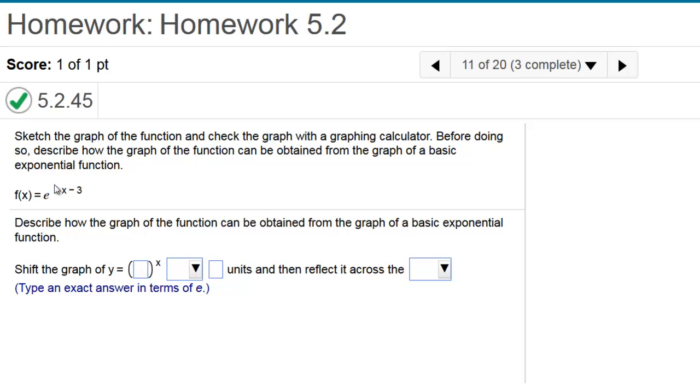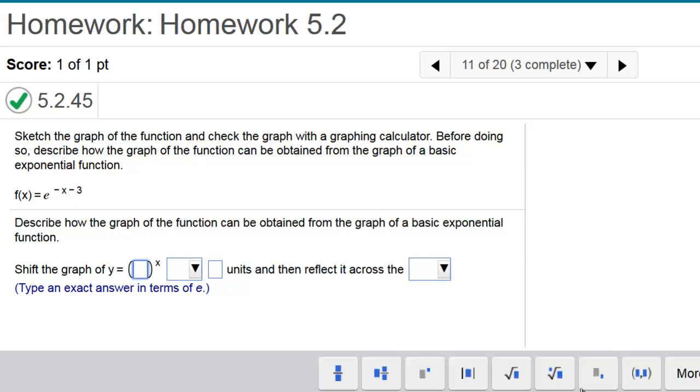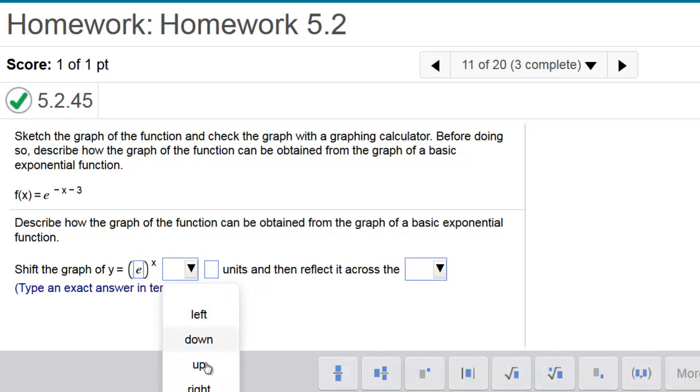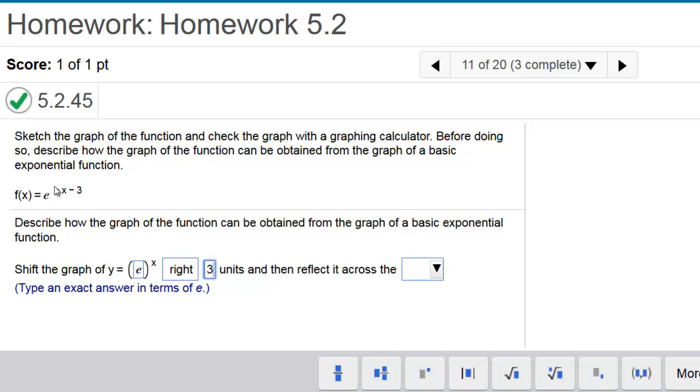Imagine that we want to go from y equals e to the x to e to the x minus 3. To do that, we would substitute x minus 3 for x, and that would shift the graph 3 units to the right. Now that's before that negative sign shows up right in front of the x. So if we take the graph of, and I'm going to type in the number e here, if we shift the graph y equals e to the x to the right 3 units, then that would give us the graph of e to the quantity x minus 3.